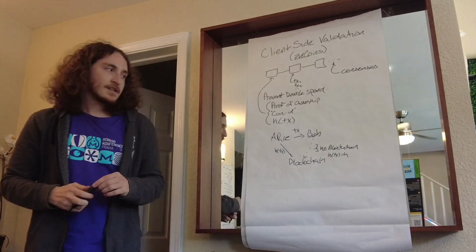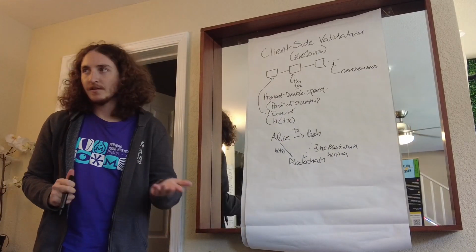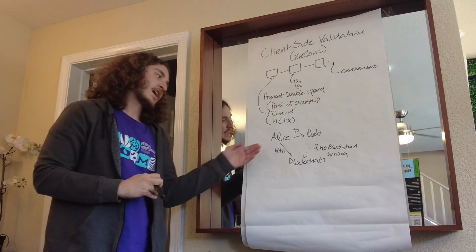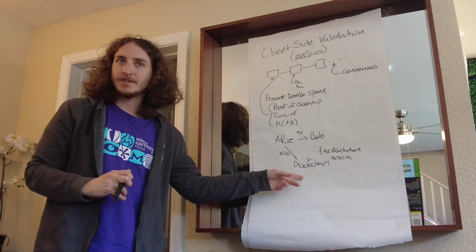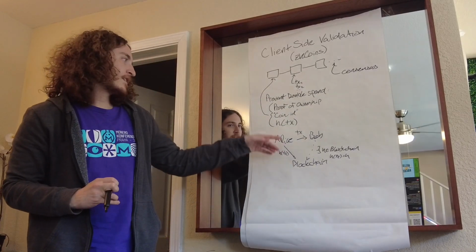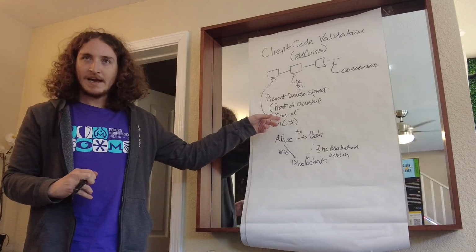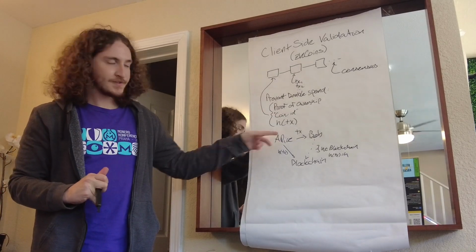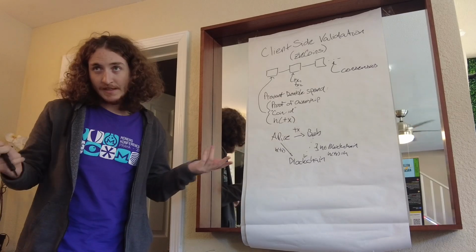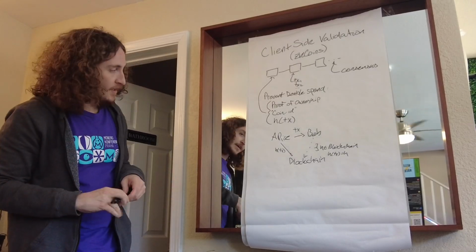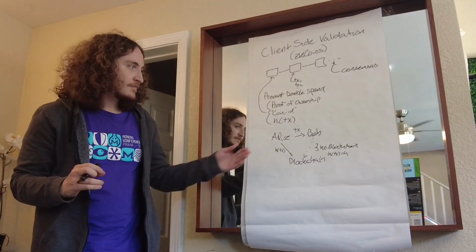So Bob can take this transaction and check it locally for validity, and he can check that the hash is on the blockchain, and he can check that this coin ID hasn't been spent in any other transactions. So he can check that the coin hasn't been double spent, but there's still a problem.